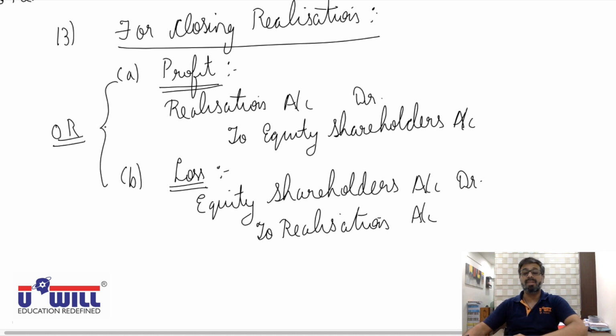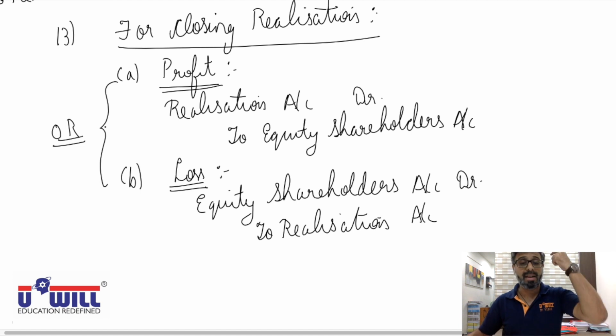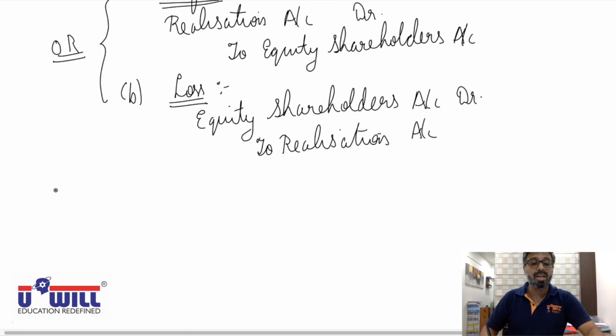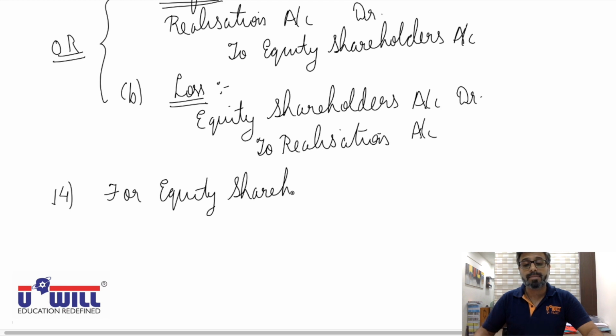One of these two entries will come, but don't worry, even if you don't remember these two entries, it's okay. Remember 12 entries only. 13 and 14 are just the steps. Wherever the balance remains, remember the realization account is closed and transferred to the equity shareholders account.